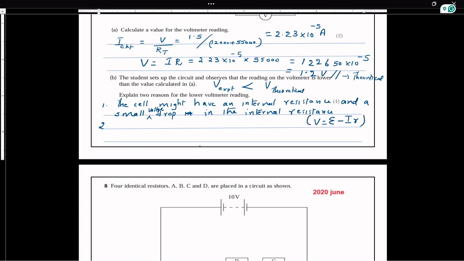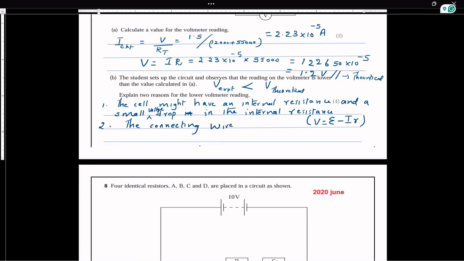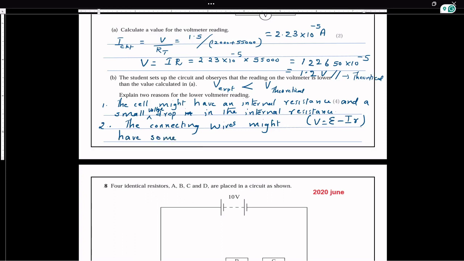Then the second one is the connecting wires might have some resistance.